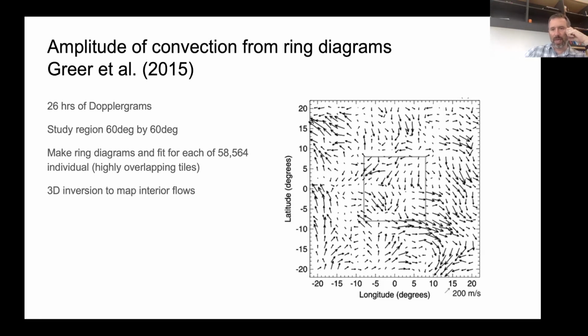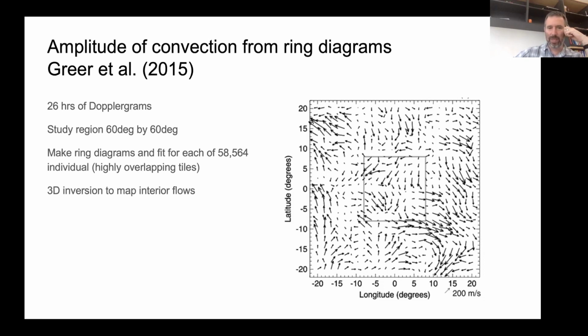What they said was, aha, well, no one said we have to put our tiles directly next to each other, or another thing that's been done in the past is overlap the tiles by 50%. But they said, no, what we're going to do is make very, very, very overlapped tiles.